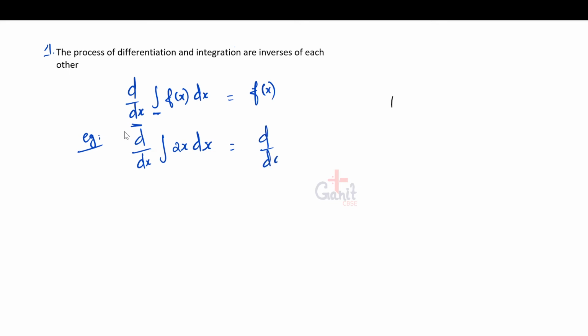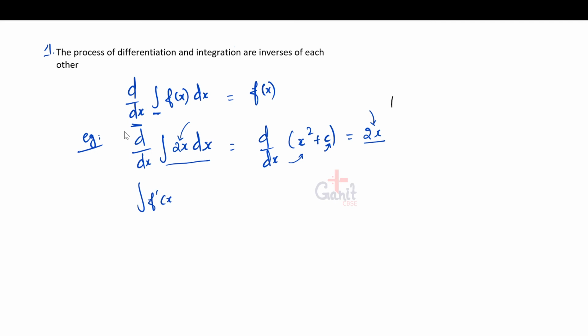The integration of 2x will be x square plus c, as we have already seen. If you differentiate this, you will get 2x, and if you differentiate the constant, you will get 0. So finally we have arrived at what we started with. So this is one property.